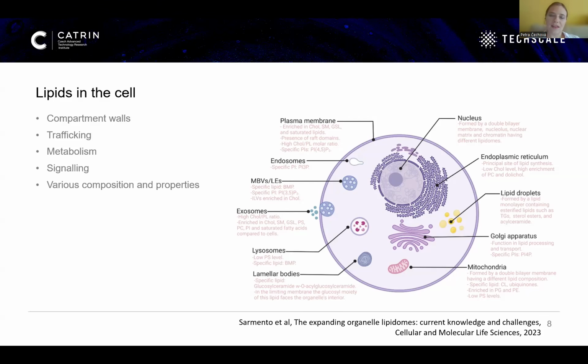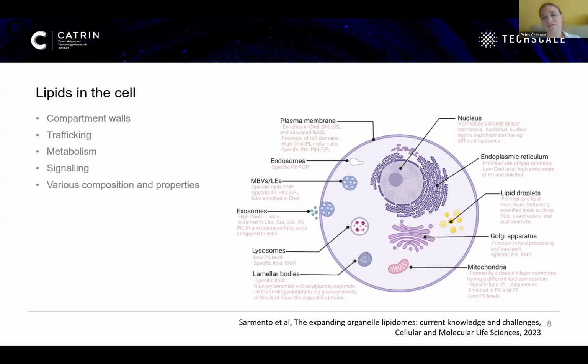So if the cell needs to send something outside, for example, if you have nerve cells that want to move the charge or the signal from one cell to another, they do it in a way that they release neurotransmitters into the intercellular medium, and that's done via endosomes.